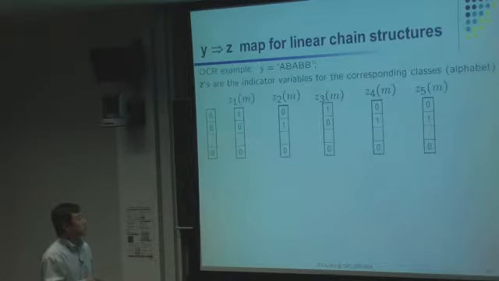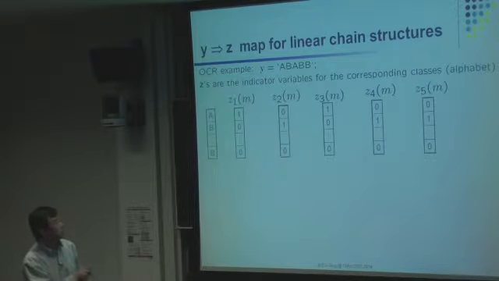So our first change is to rewrite the solution, the label, into the form of an indicator function. For example, let's take this sequence as an example. Suppose this y takes the outcome to be ABABB. Then an alternative way of encoding this answer is to use 5 indicator functions.